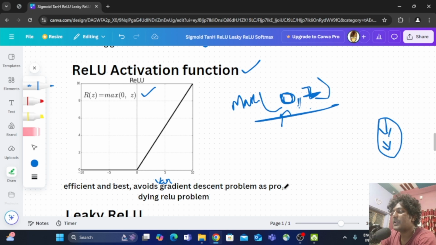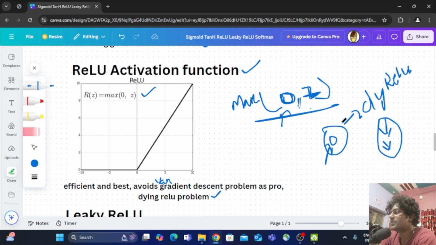Okay, and there is some problem like dying ReLU. Consider this neuron. If the input is 0, the value is 0, there will be a problem of dying ReLU. That means this neuron will be dead.